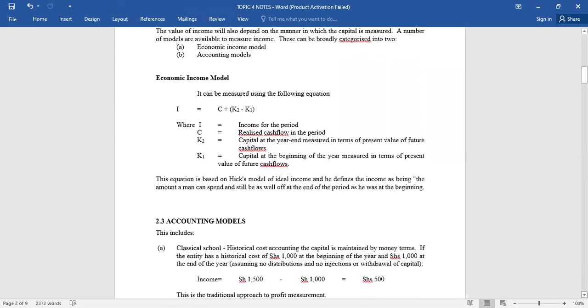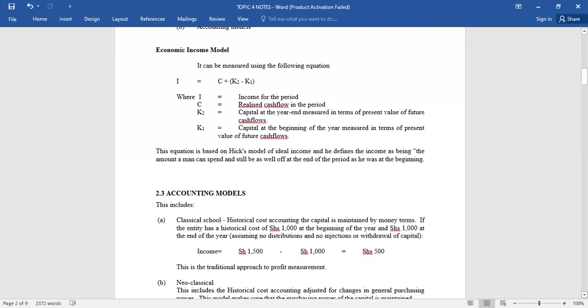Let's start with the economic income model. I'm trying to summarize this in a manner that everyone will understand. It's like the former formula, only that our dividends now have been captured here as realized cash flow for the period.